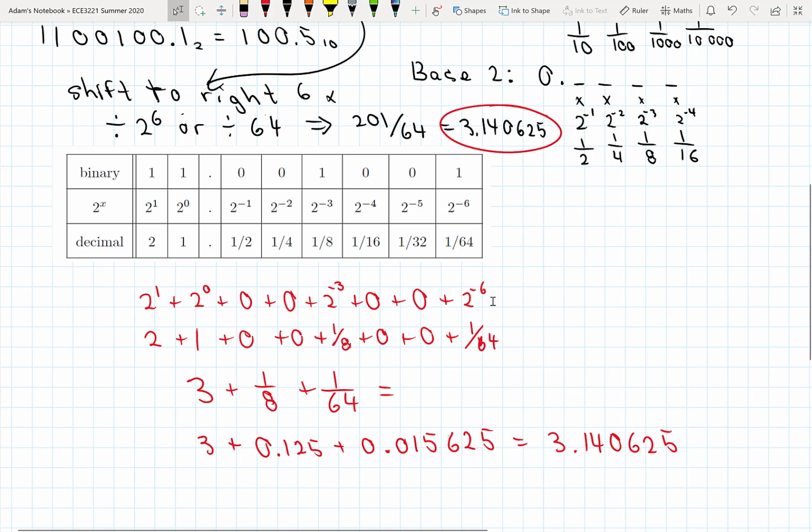So fixed point has its applications, and in some cases our processors are limited to only doing fixed point fractional representation of numbers, but we often want to do better than that.